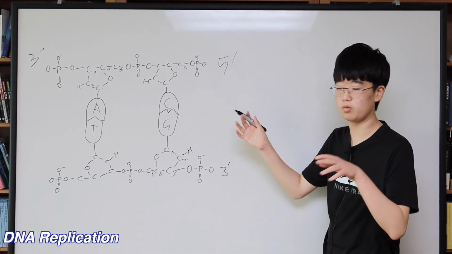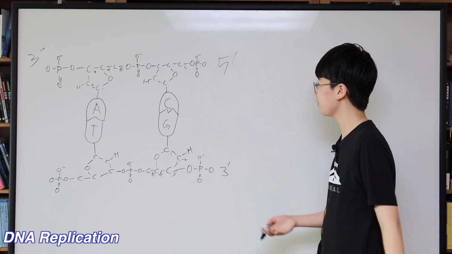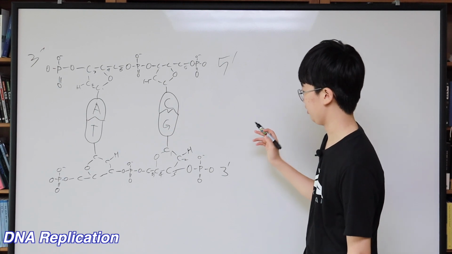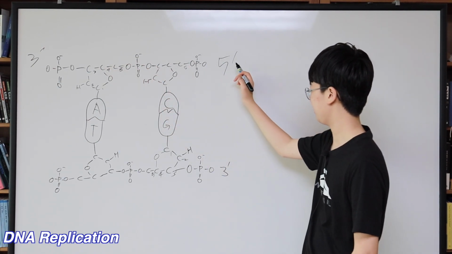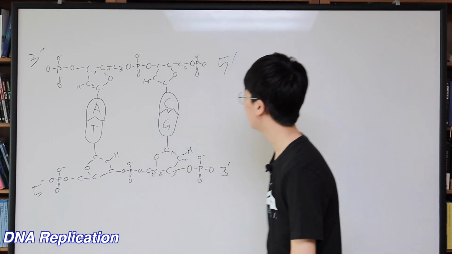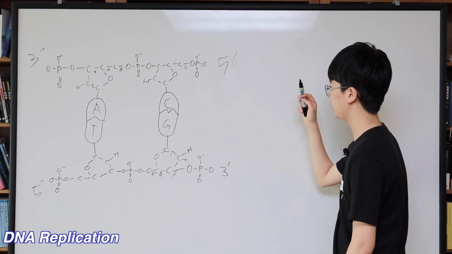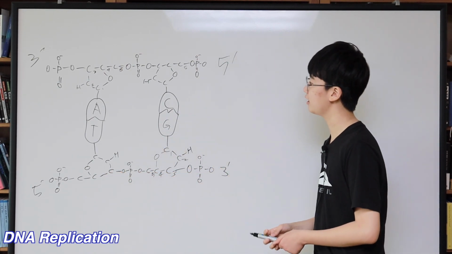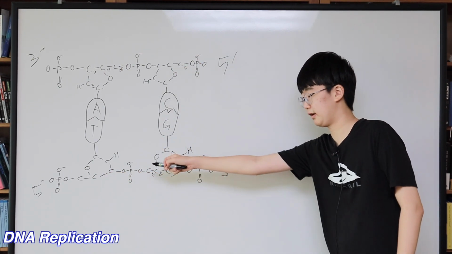Well, depending on where you look at it from, it might be 5, 3, and 3, 5. It might be 5, 3, and 5, 3 like that. It might be 3, 5, and 3, 5 like this.